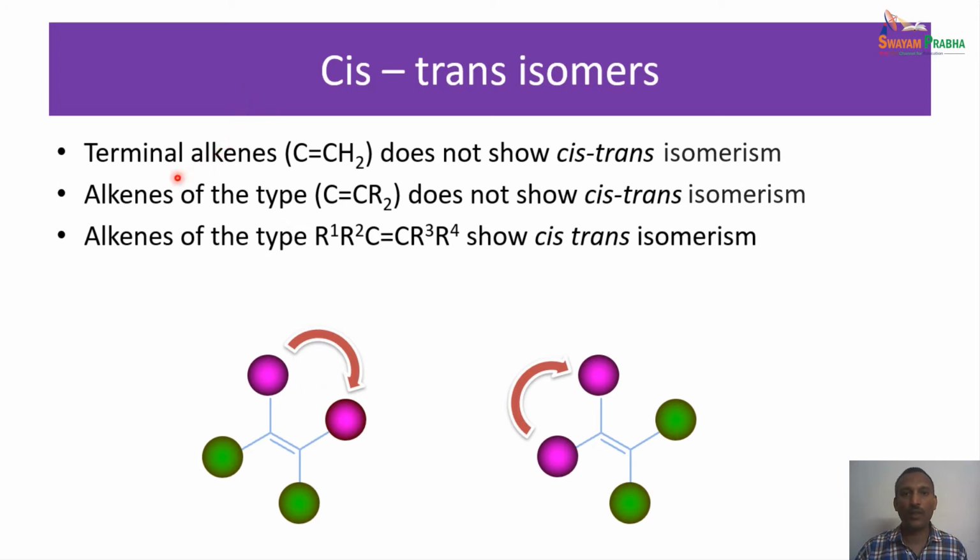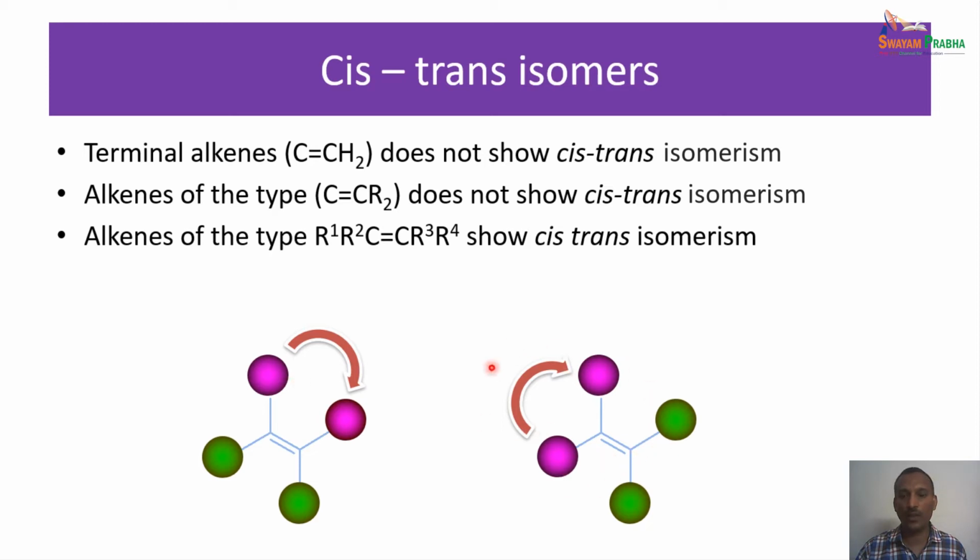Extending that, terminal alkenes, where C double bond CH2 groups are present, do not show cis-trans isomers. Why? Because we cannot represent them in a different way. Whether the hydrogen atoms are placed on the same side or the opposite side is very difficult to identify.